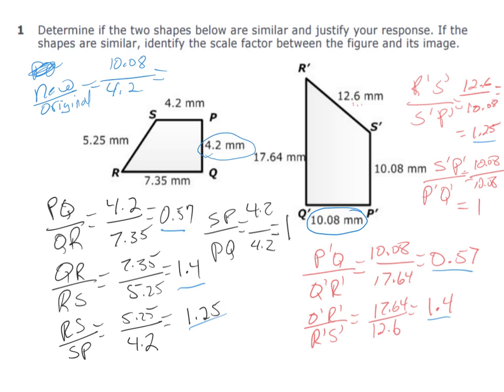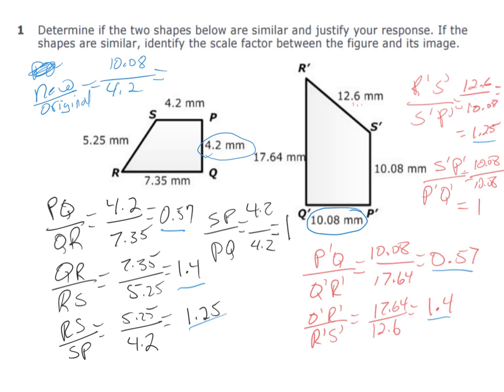We've already proved that they're similar, so I'm not going to take a ratio of all of them. I took two sides, PQ and P prime, Q prime, and I'm going to see what type of scale factor we have. We proved that they are similar, so we can just take one particular ratio.